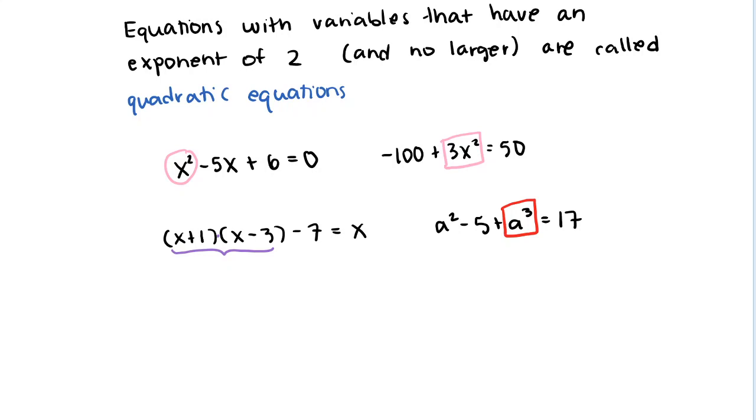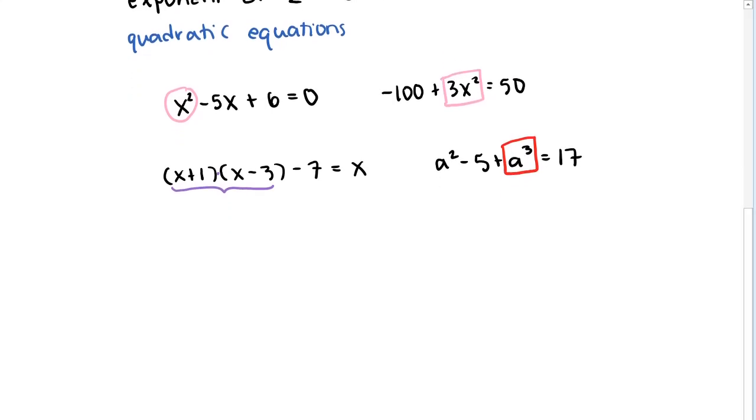So when we deal with quadratic equations, there's kind of a preferred format for the equation so that we can really talk about it and deal with it in the simplest way. It's called standard form.